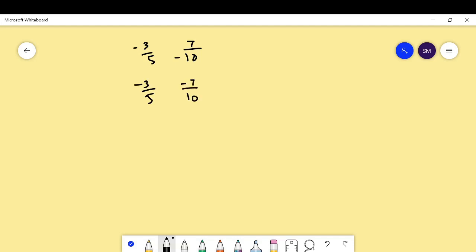Then to compare, you may apply two methods. Either change it into the same denominator. To do that, multiply this numerator and denominator both by 2. We get minus 6 upon 10, and minus 7 upon 10.